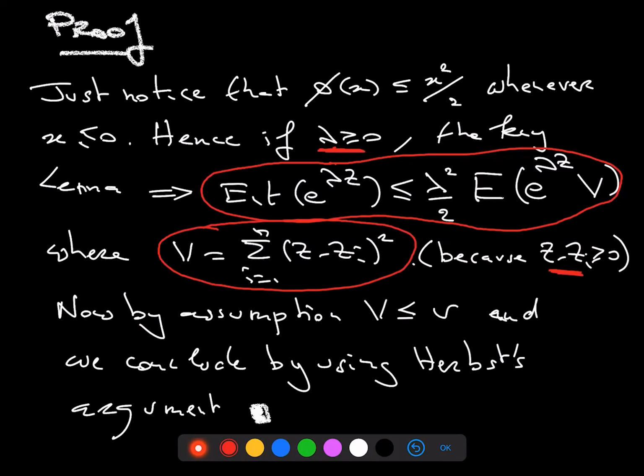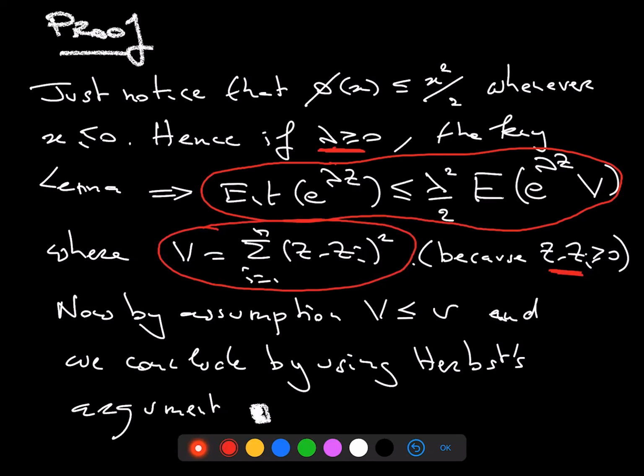So the quantities that appear in the key lemma are non-negative, and so we are on the right side of the function, because they appear with a minus as an argument of the phi function. So this means that they are controlled by the square.